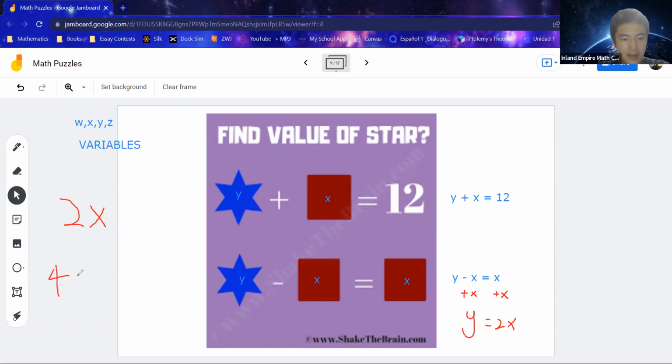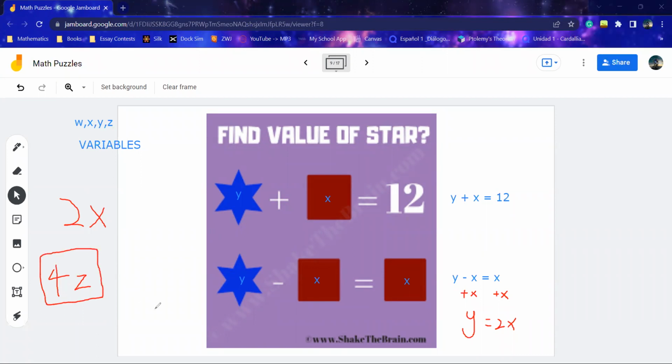Joyce, tell me what this expression means. What does 4z mean, Joyce? Loy, what does 4z mean? If any one of you have an idea, feel free to tell us.